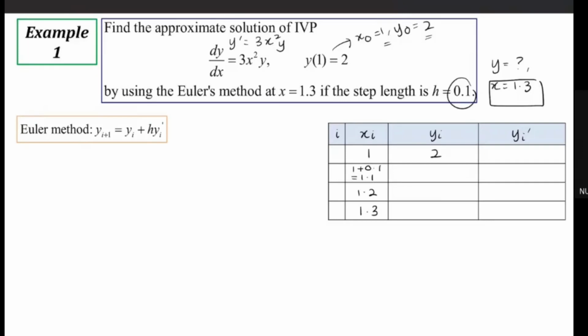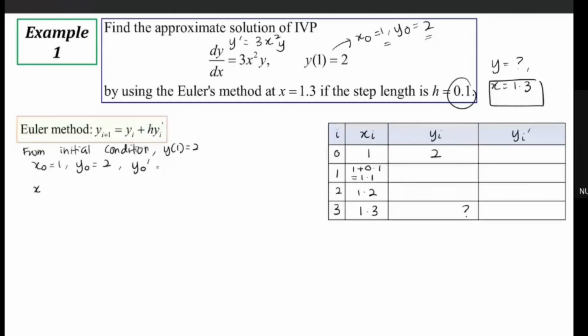So we want to find this y. This is x naught, 1, 2, 3. From the initial condition, x naught equal to 1, y naught equal to 2. And then we want to find y naught prime, because we want to determine y1.